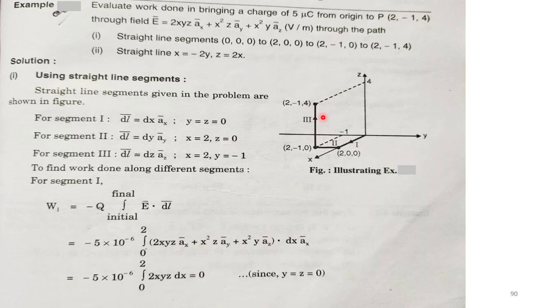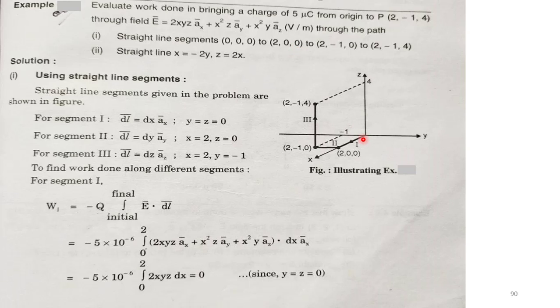So you can observe here in this diagram. This is the x axis, this is the y axis, this is the z axis. Now the initial point is origin (0, 0, 0). Then the point is moved to x value 2, y value 0, z value 0.